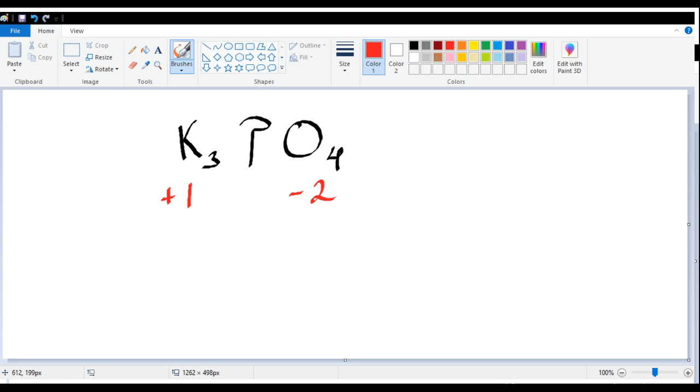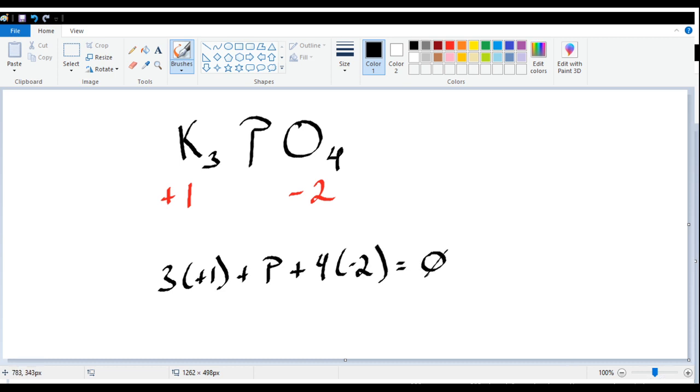So, our 3 potassiums plus our 1 phosphorus plus our 4 oxygens is equal to 0. So 3 plus phosphorus minus 8 equals 0. Phosphorus equals +5.